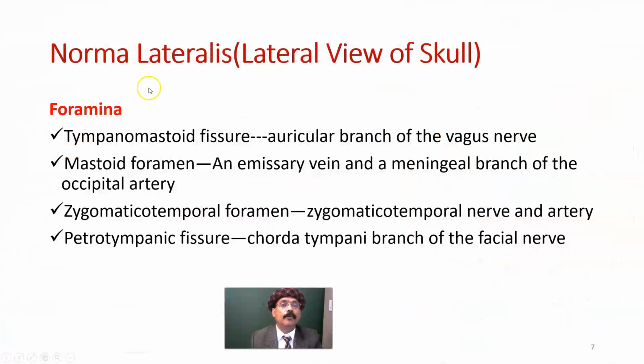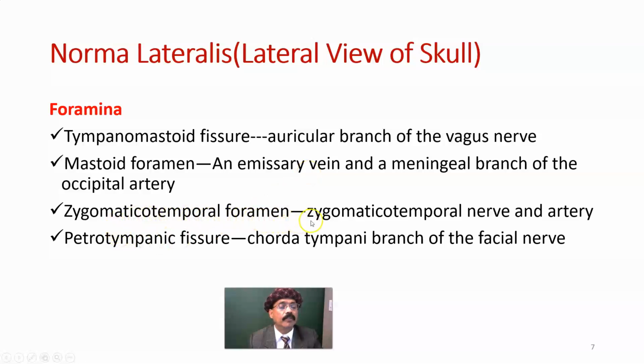So what are the important foramina? We just discussed the tympanomastoid fissure, auricular branch of vagus nerve, mastoid foramen and emissary vein, and a meningeal branch of the occipital artery, an emissary vein that connects the posterior auricular vein to the sigmoid sinus.